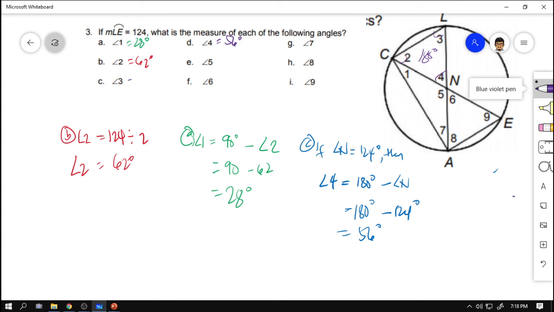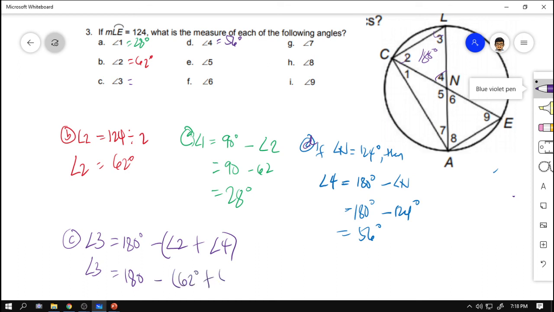So, angle 3 naman tayo. Letter D pala ito, letter D. Letter C, angle 3 is equal to 180 minus angle 2 plus angle 4. Okay? So, that is angle 3 is equal to 180 minus, angle 2 natin ay 62 degrees plus 56 degrees.